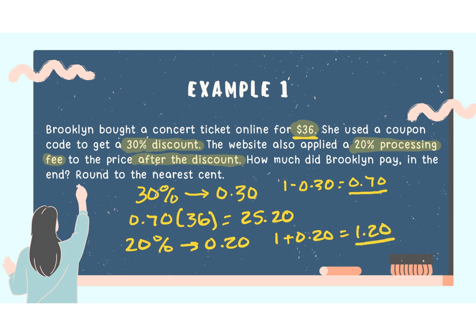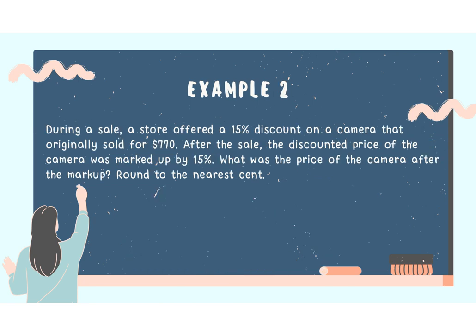I take 1.20, multiply it by my new total, 1.20 times 25.20, for a grand total of $30.24. So after the discount and the processing fee are applied, Brooklyn paid $30.24. On to example 2.